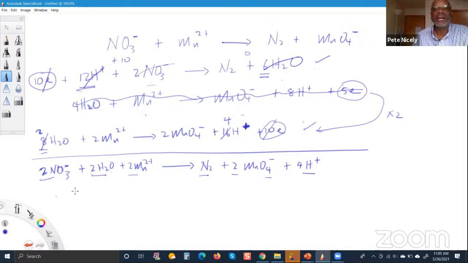And then as far as the charges are concerned, we have -2 plus 2 times +2, which is +4, which will give you +2, my bad. And on the right we have -2 plus 4, which will give you +2. So everything is balanced. So this would be the final answer.